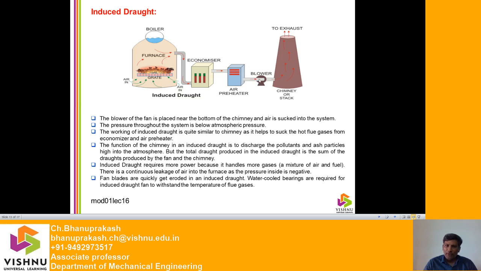In the case of the forced draught fan, the blower takes air from the atmosphere and sends only air. It does not take any hot gases. But in the induced draught fan, the blower absorbs some amount of hot gases also. That is the reason we require water cooled bearings. That's all about the induced draught fan.